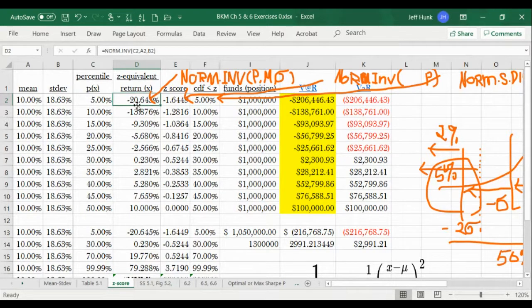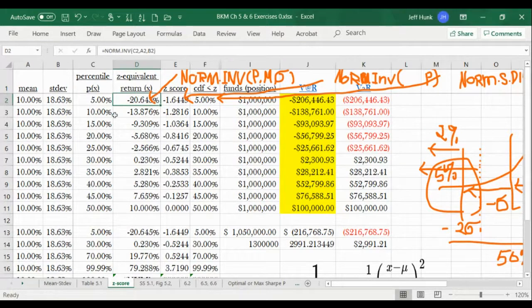So what can you tell? Our scenario is exaggerated, or negatively over-exaggerated. Our scenario is more pessimistic than what is statistically predicted, right?